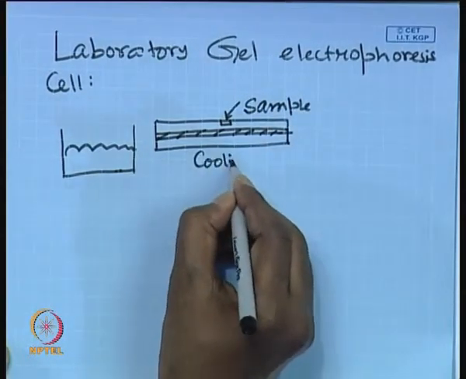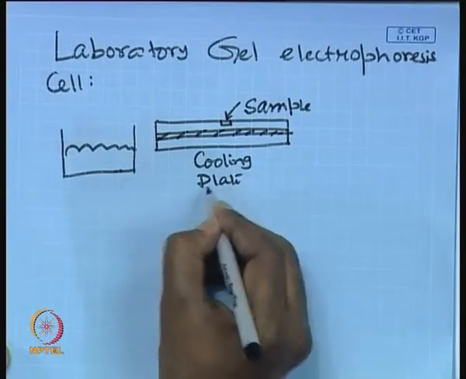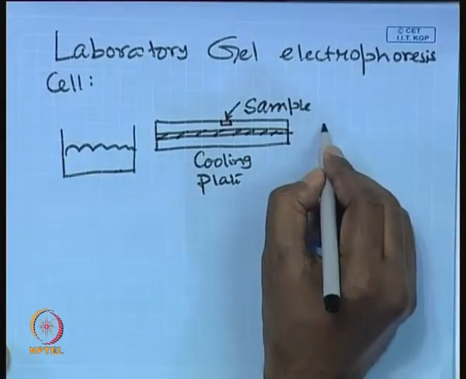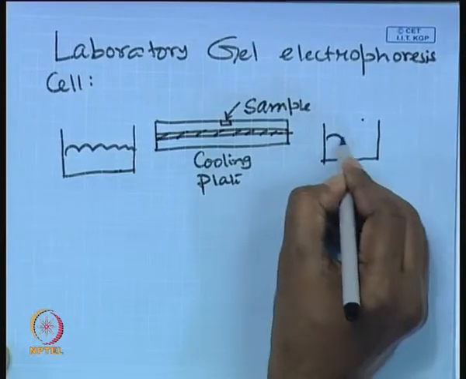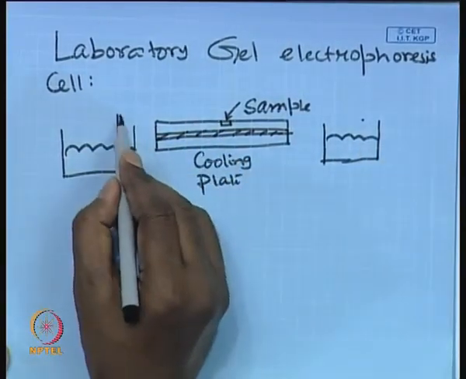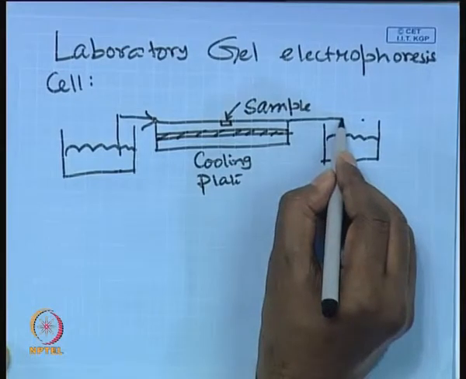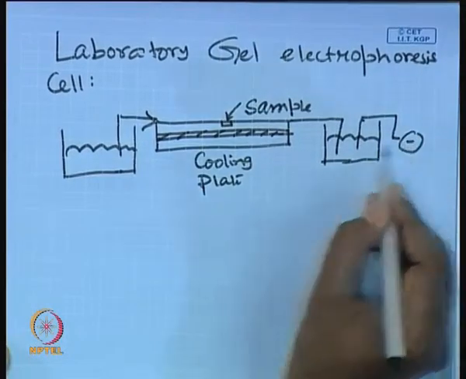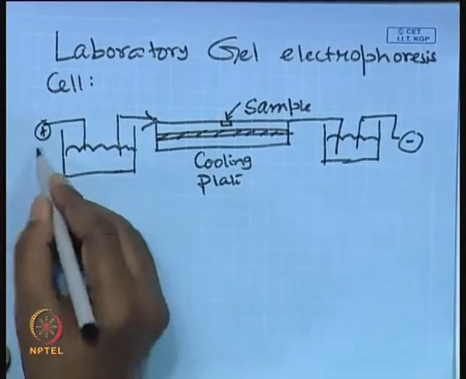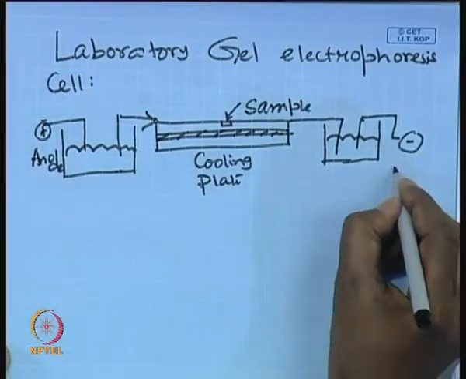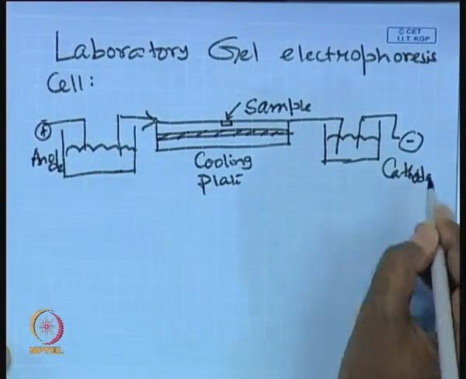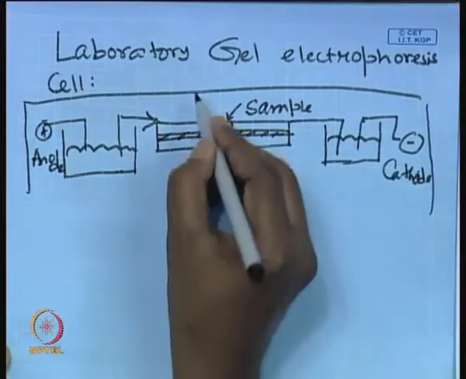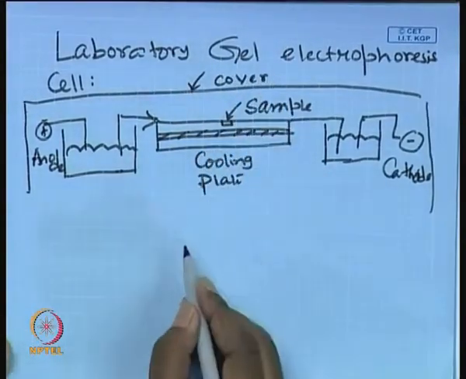At the bottom there is a cooling plate in order to cool the system to prevent the joule heating. You cannot avoid the joule heating, you can minimize it. Then there is another bath, and this will be connected to the cathode and this will go to the anode. The whole thing is kept under a cover.